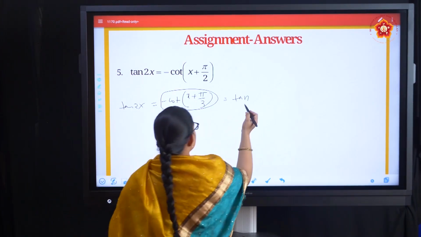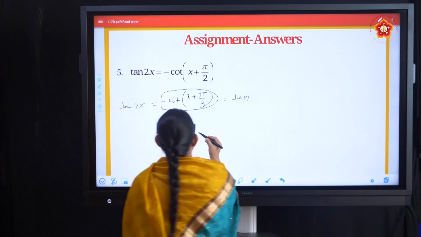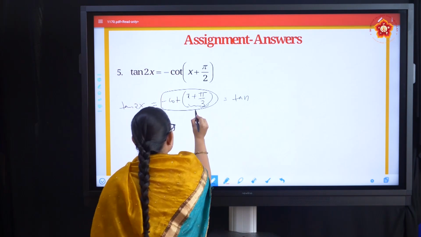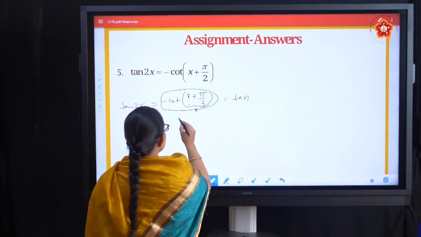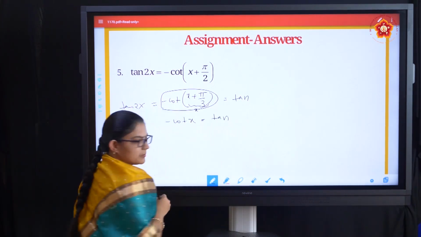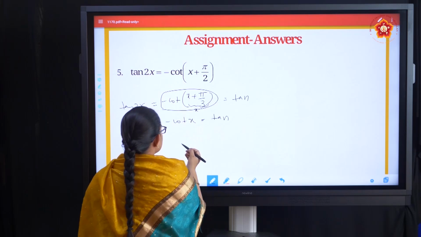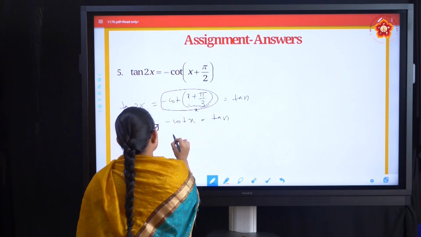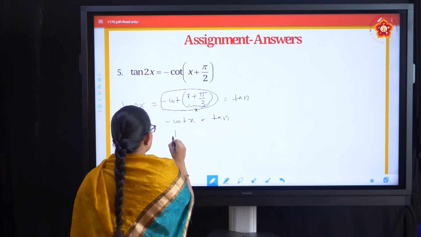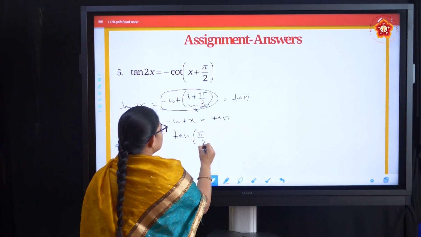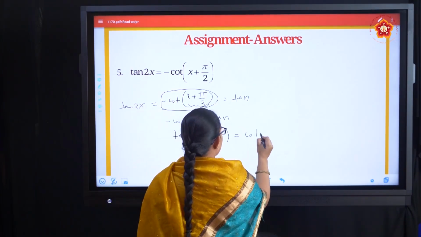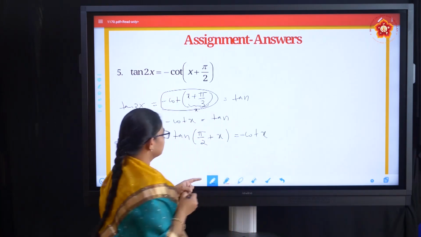So how can we write it? The required angle is x + π/3, and here we have −cot x. We have to express it in terms of tan. We know that tan of π/2 plus some angle x will give you cot x, but it is negative, correct?